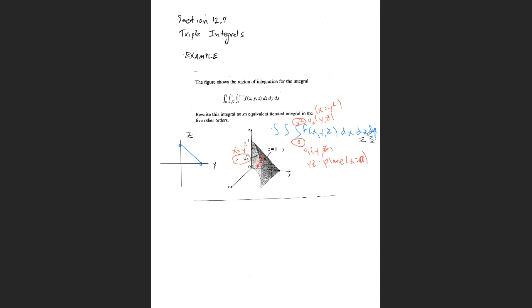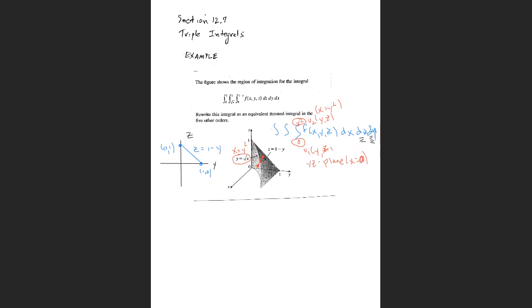Okay, so the limits here, you're going to have 0, 1, and this is clearly the line z equals 1 minus y.